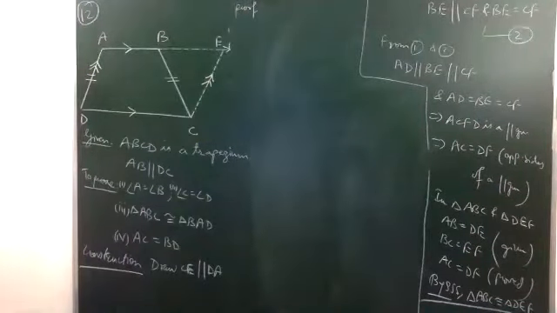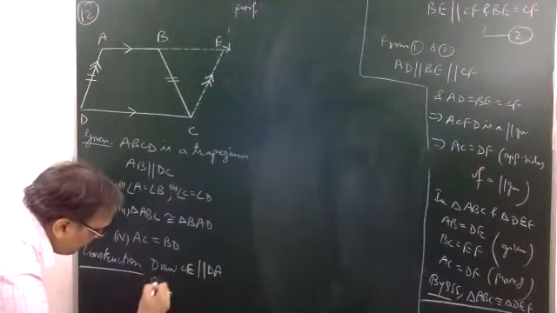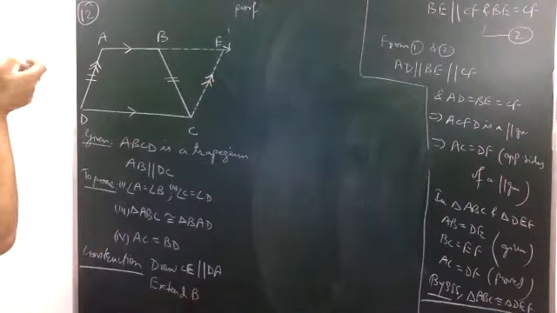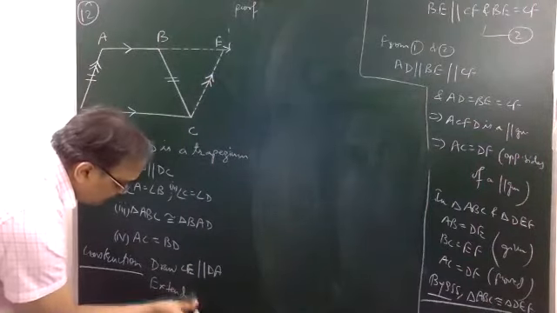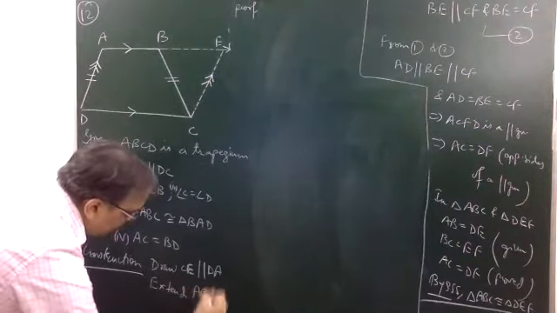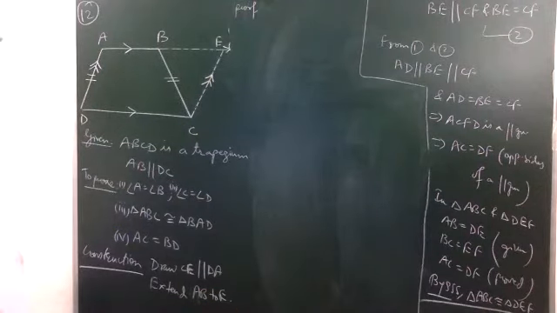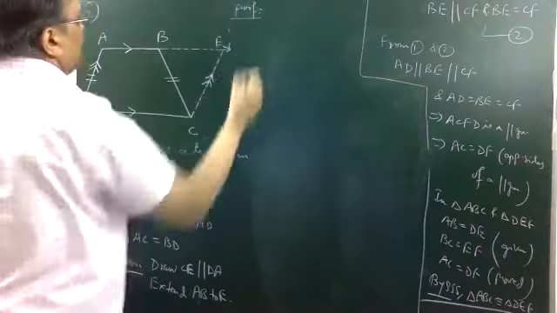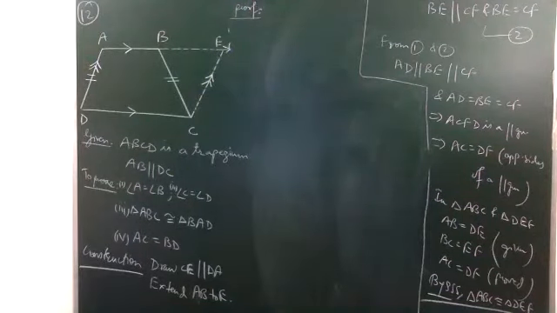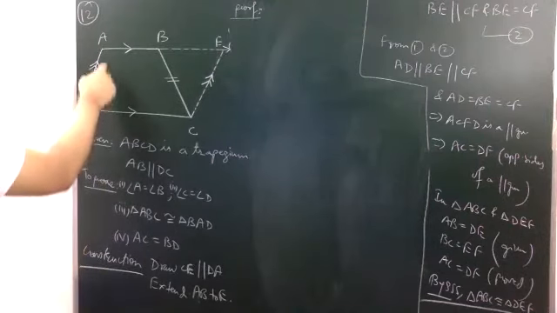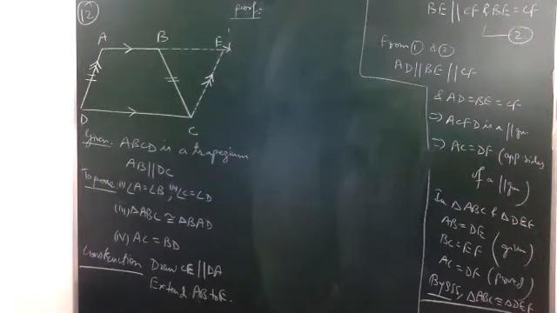And second is to extend AB to E. Now, for the proof of this, now first we have to prove angle A is equal to angle B.